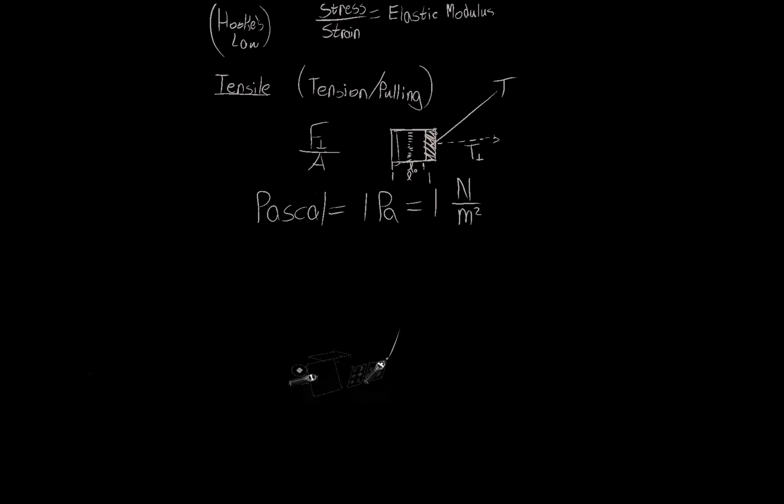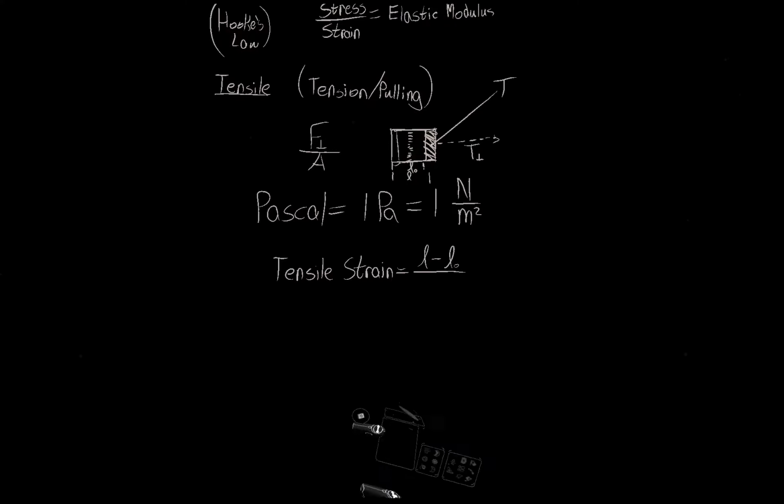And so that L naught and L are important. So tensile strain is defined as L minus L naught, which is the amount that it stretches, divided by L naught, per unit length, right? So the amount that it stretches per unit length. It's the fractional amount that it's changing.